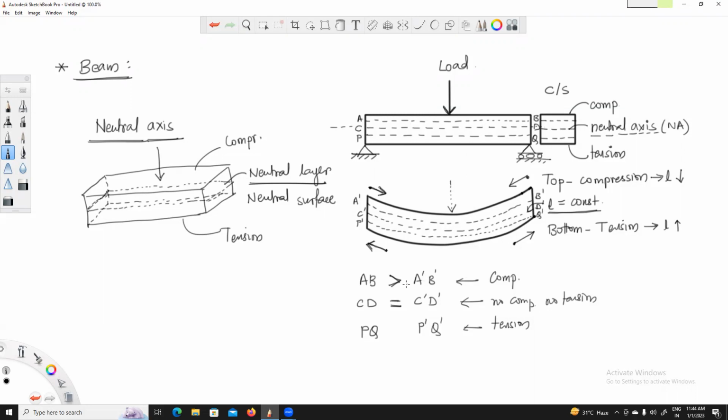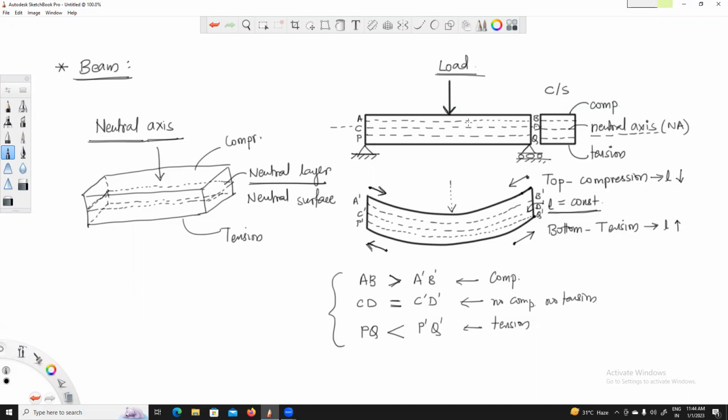For fibers under compression, the length is going to reduce, and for fibers under tension, the length is going to increase. So for PQ, the length has increased and become P dash Q dash. This is what happens when you load a beam. In each and every beam, whenever it is loaded with a certain kind of load, there has to be a certain neutral axis.